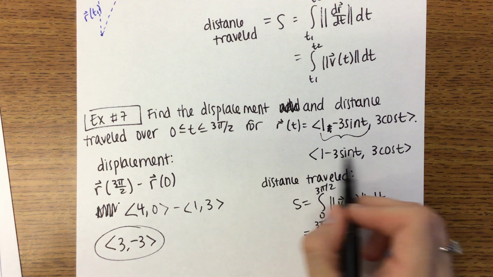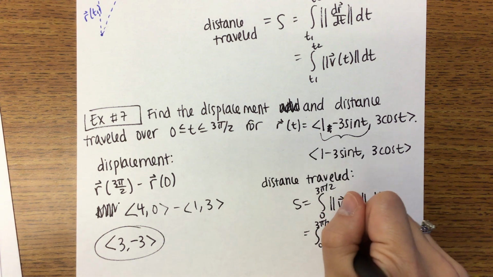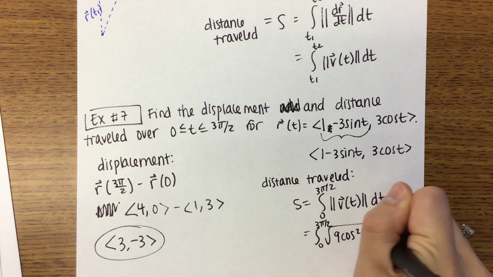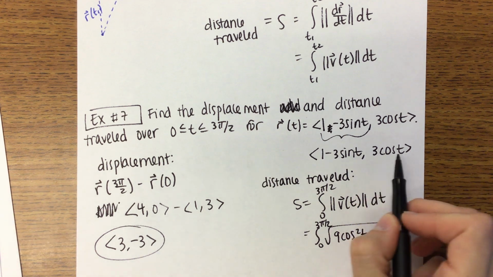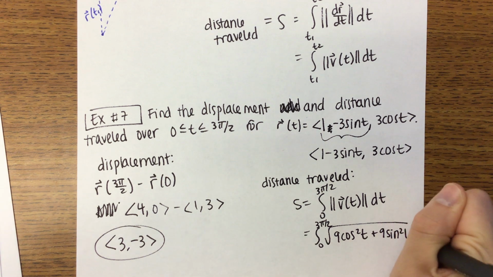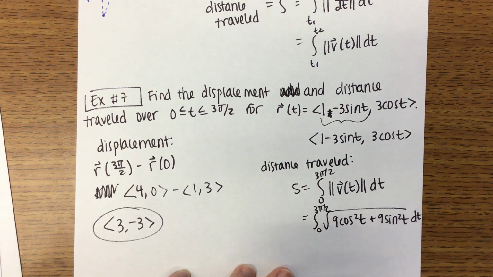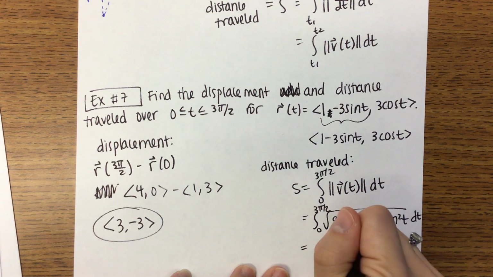If I take the derivative of this, it'll be negative 3 cosine of t. So squaring that, it'll be 9 cosine squared of t. If I take the derivative here, it'll be negative 3 sine of t. So squaring that, I get 9 sine squared of t. This ends up being 9. If I take the square root, it's 3.